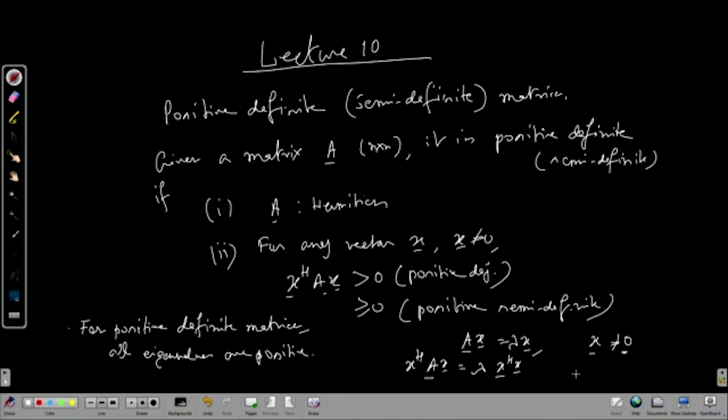That means, lambda x h x is not only real, it is greater than 0 if it is positive definite, and x h x, we all know x h x will be what if x has x 1, x 2 dot dot dot x n, then x h x will be, I mean you make it a row vector and then take a transpose of this, it becomes a row vector, then conjugate every element, that times x.